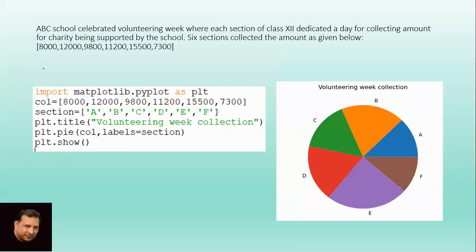Now let us take one example. ABC School celebrated Volunteering Week, where each section of class 12th dedicated a day for collecting amount for charity being supported by the school.